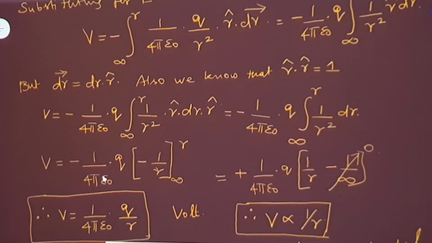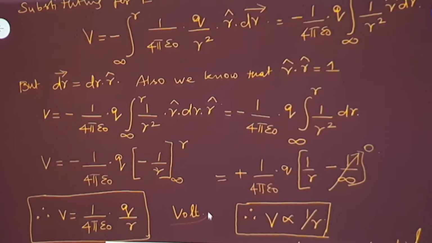Taking this minus out, minus minus will become plus. So 1 by 4 pi epsilon 0 into q. Applying the limits, upper limit 1 by r minus the lower limit 1 by infinity. 1 by infinity tends to be 0. Therefore, V is equal to 1 by 4 pi epsilon 0 into q by r.